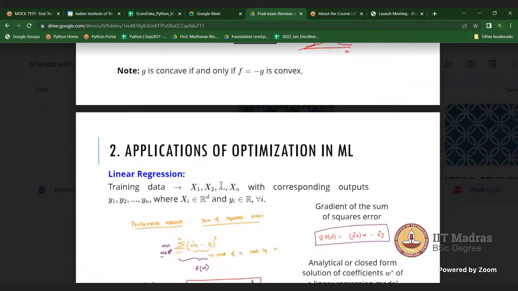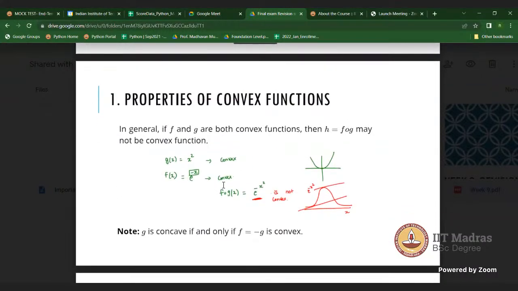Sir, can you again explain how we can identify if f of g of x is convex or not? One direct way to identify whether any function is a convex function or not is to find out f double dash of x, so that f double dash of x should be greater than 0 irrespective of what the value of x is.